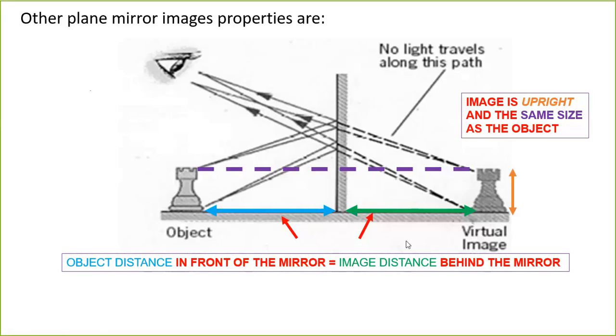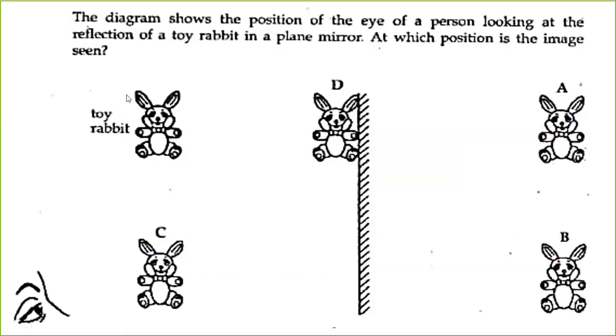Let's look at this in a question so this makes more sense. All right, so we have a diagram showing the position of the eye of a person looking at the reflection of a toy rabbit in a plane mirror. So I'm going to circle the one that's our object, and the others are the images.